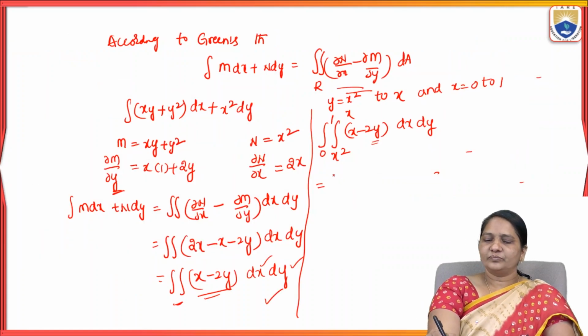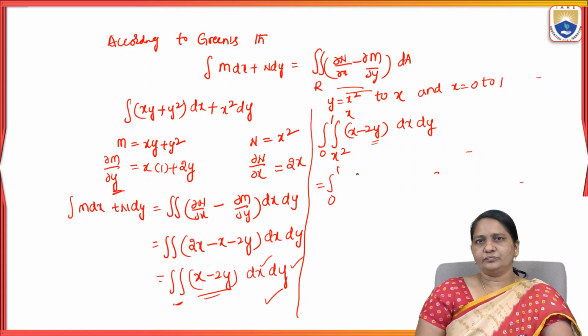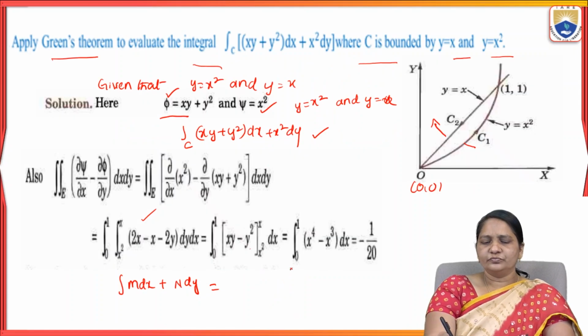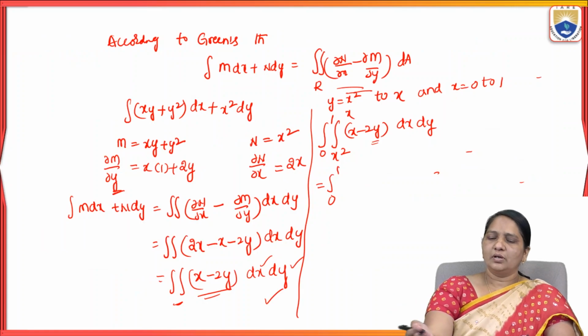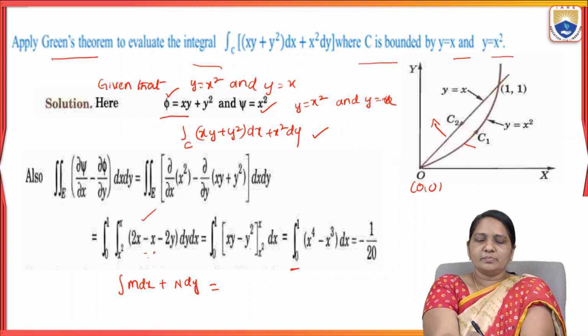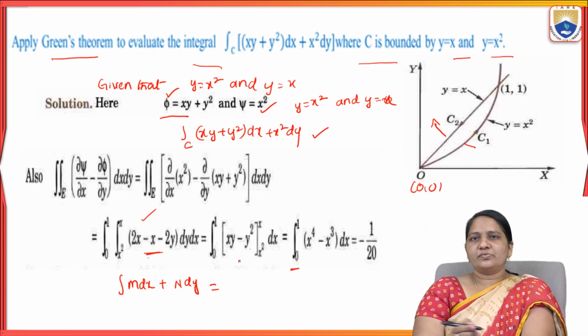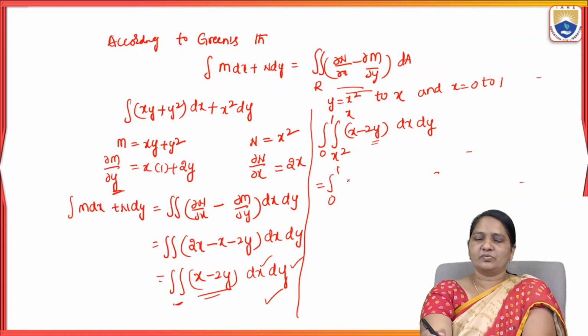So see here, integral 0 to 1. So x minus 2y. First we are integrating with respect to y, so the y limits are x squared to x.